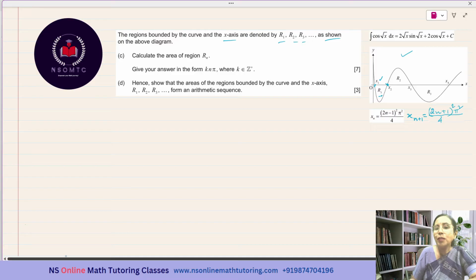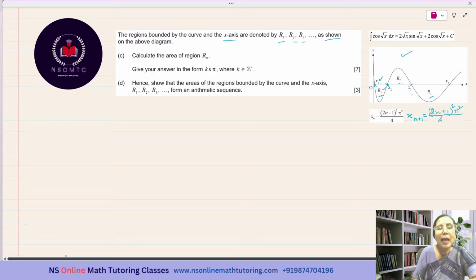It is ranging between x1 and x2. So the subscript of R for this region, that is 1, is same as the subscript of x of the left hand x-intercept. Okay. So from x2 to x3, it is R2. From x3 to x4, it is R3. Okay. So this way it is going.